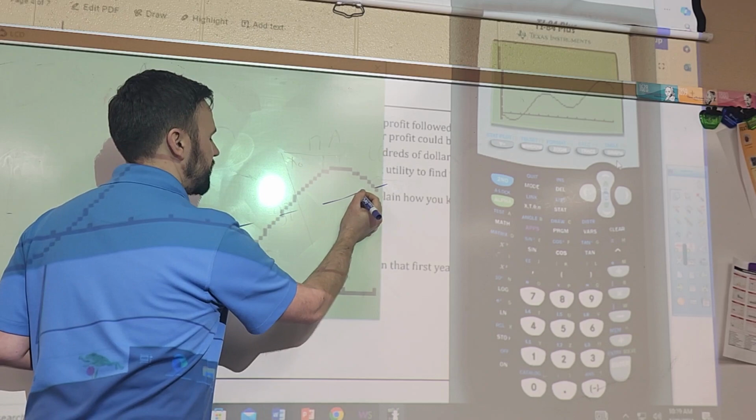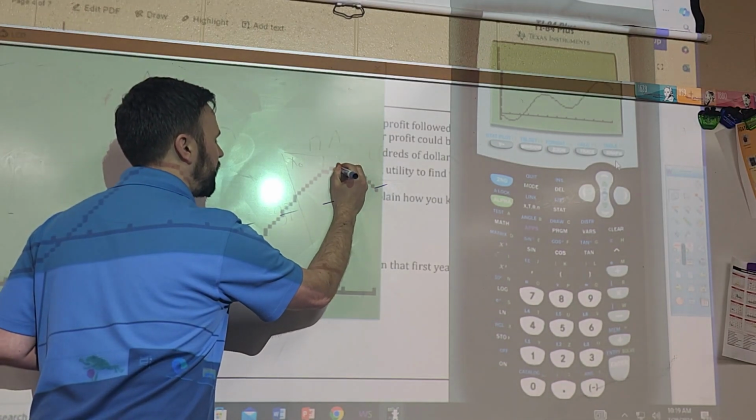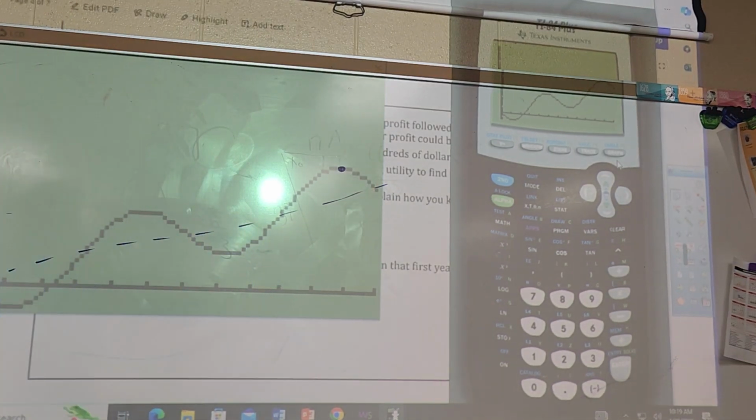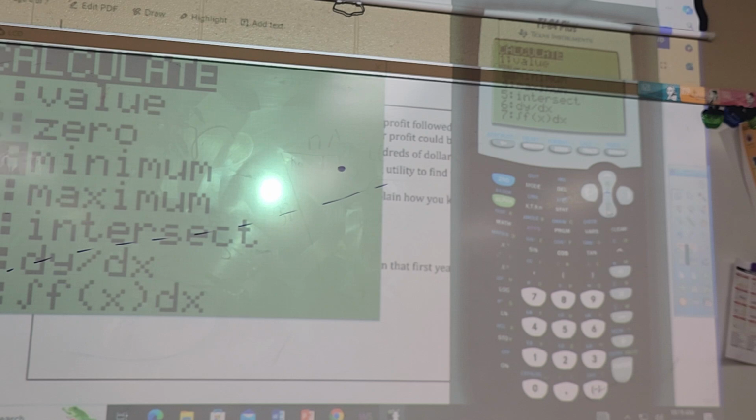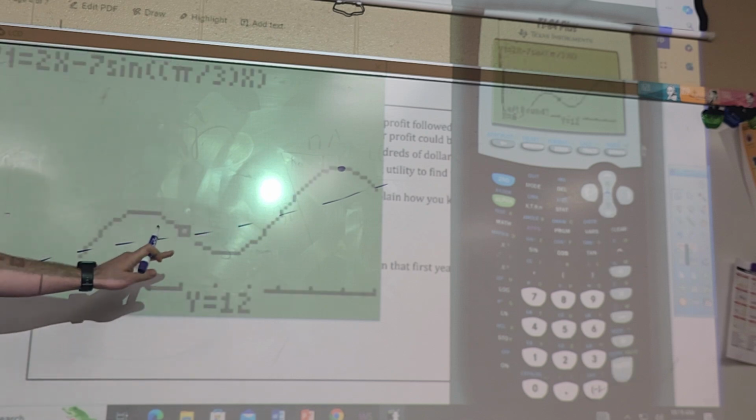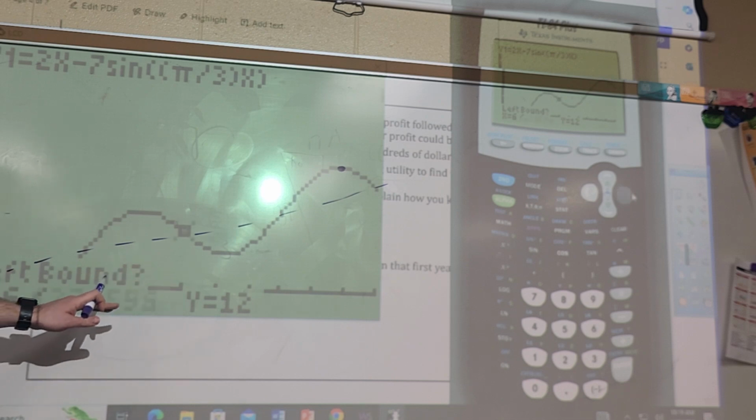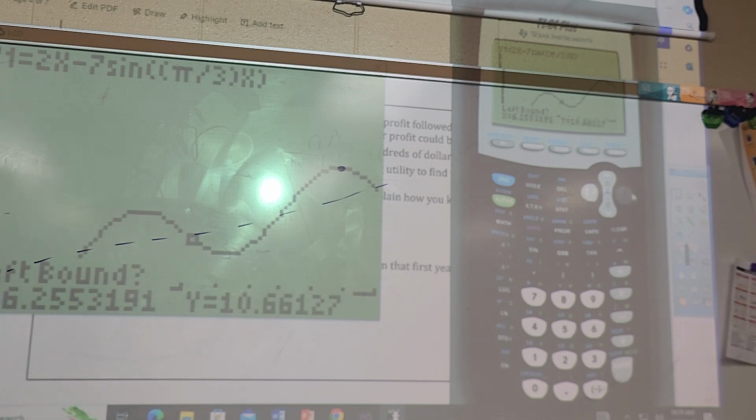All right, so I'm looking for this point right here, right? How do I find maxes on my calculator? Second, calculate. Please do not use trace. And then I pick left bound, I go right to the left of my max, right?